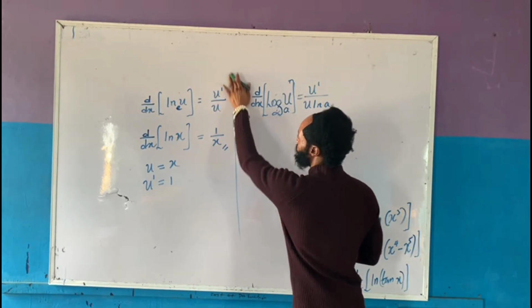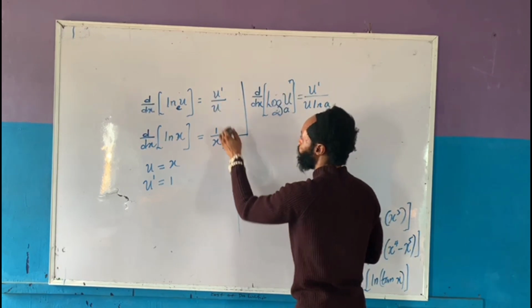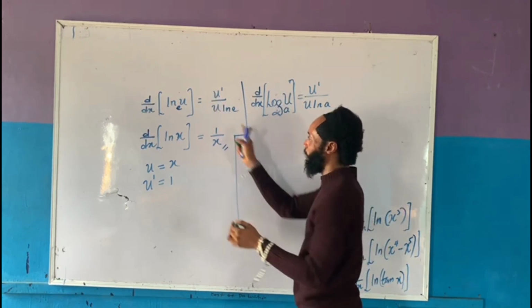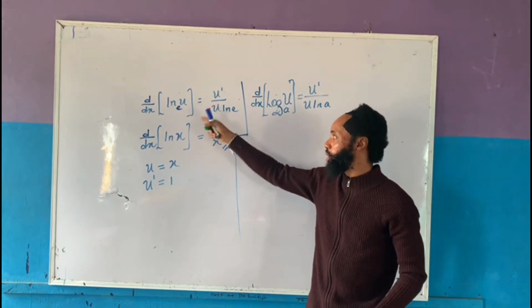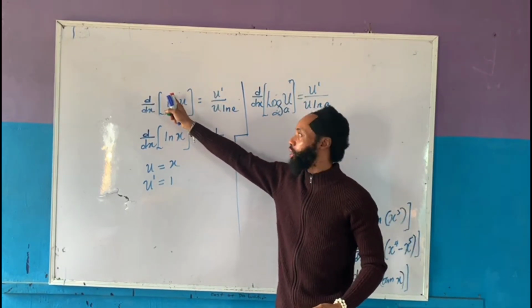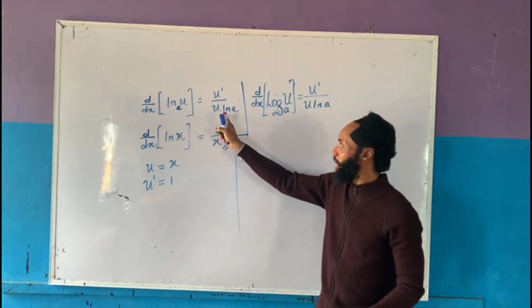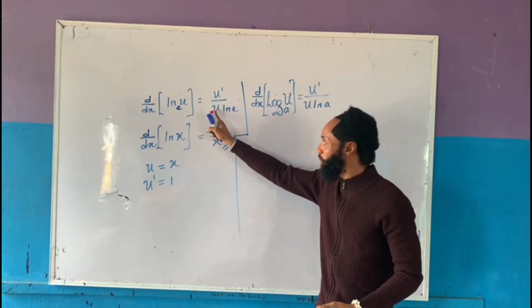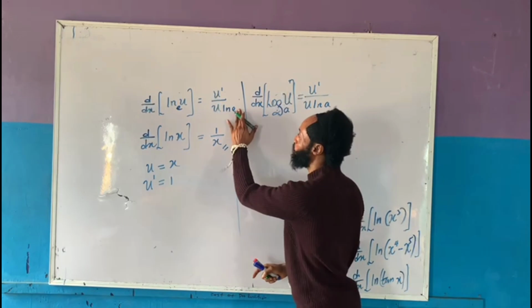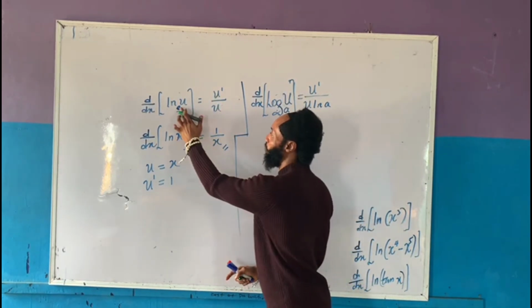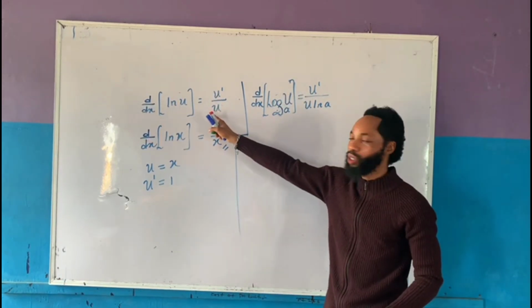And if we impute an ln e here, ln e is 1, and 1 times u is still u. So if we write ln e, it's going to give us 1. That's why in the natural log we just don't put anything here, because ln e is still 1, and our u will still be our u.